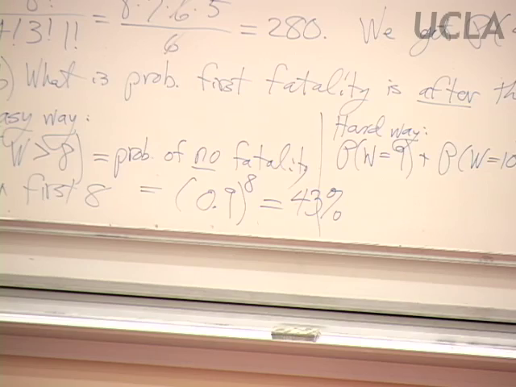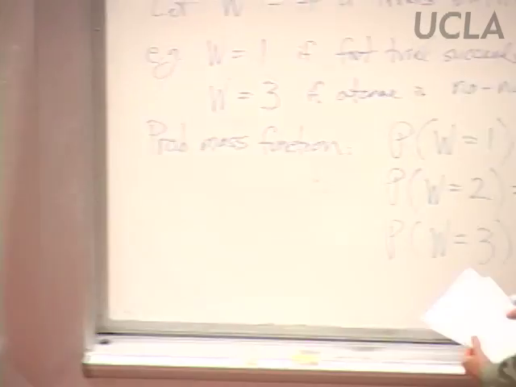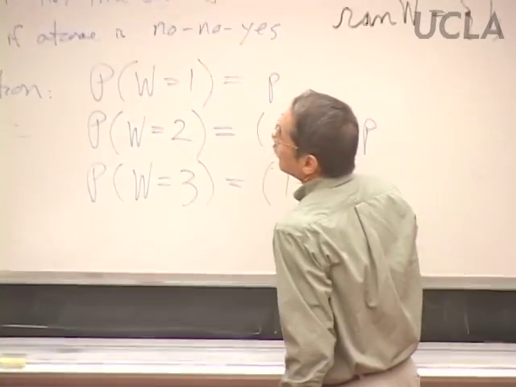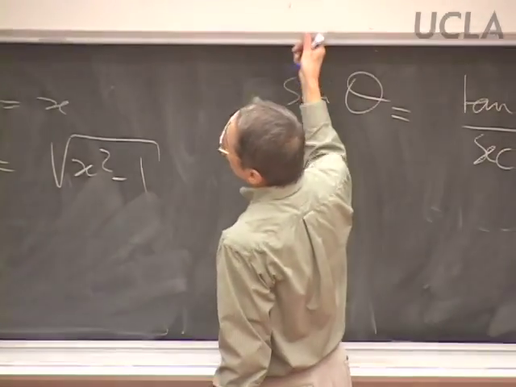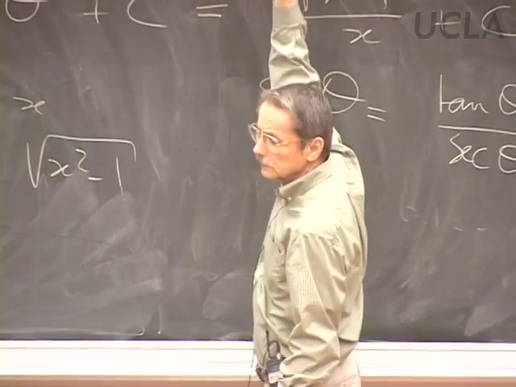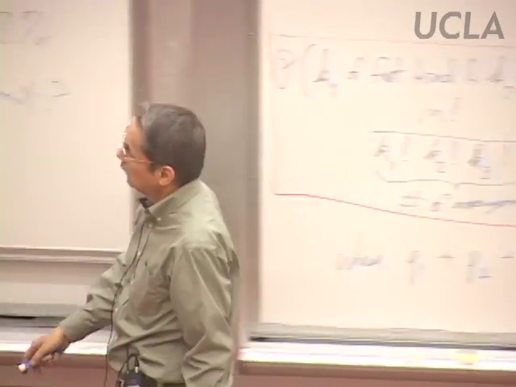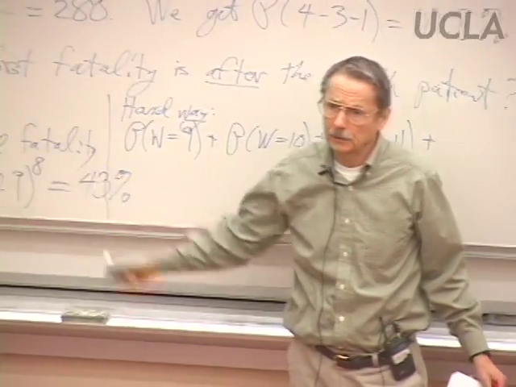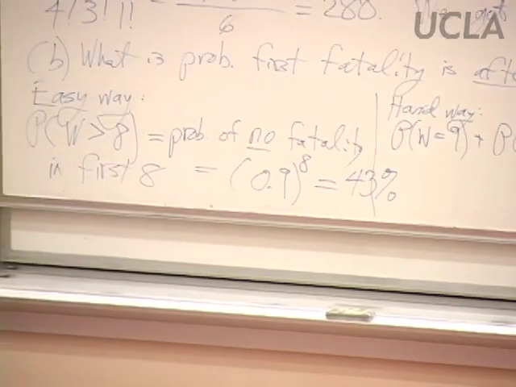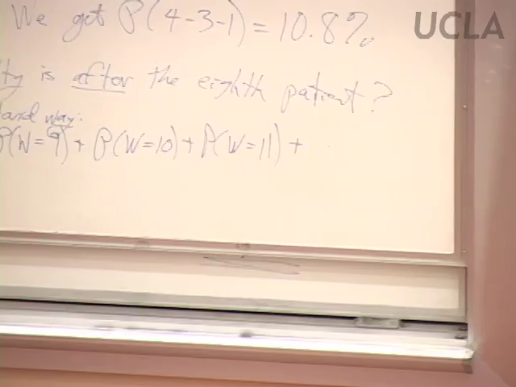And part C, the probability that the first fatality occurs somewhere within the first 8. Well, that's the complement of this event. So that has probability like 57%.